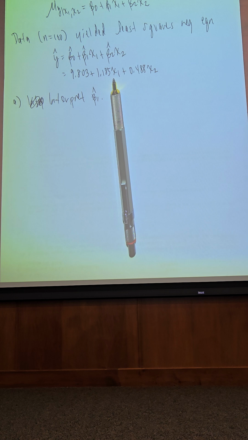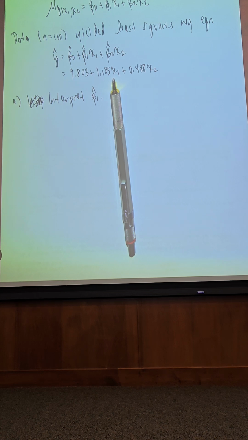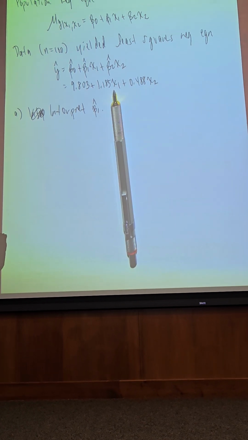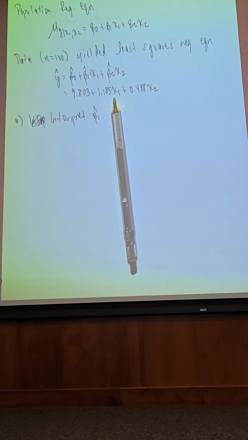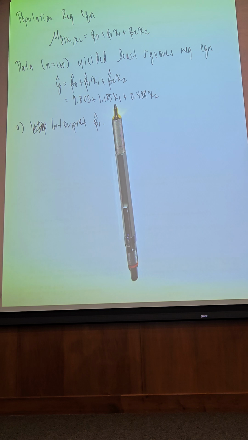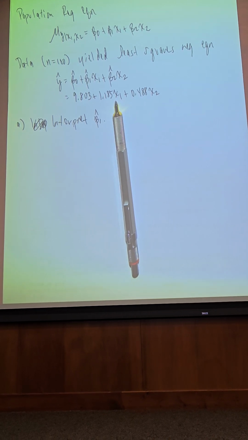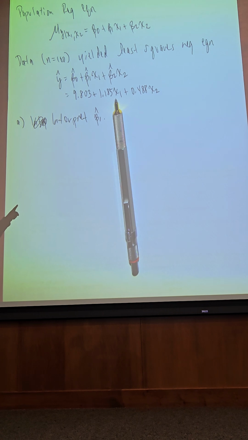What's that kind of telling you? As the gestational age gets higher, what tends to happen to the systolic blood pressure? The systolic pressure tends to go up. Does that kind of make sense? And for each unit increase in gestational age, for each extra week of gestational age, how much on average is the systolic blood pressure going up? It's going up by 1.185.